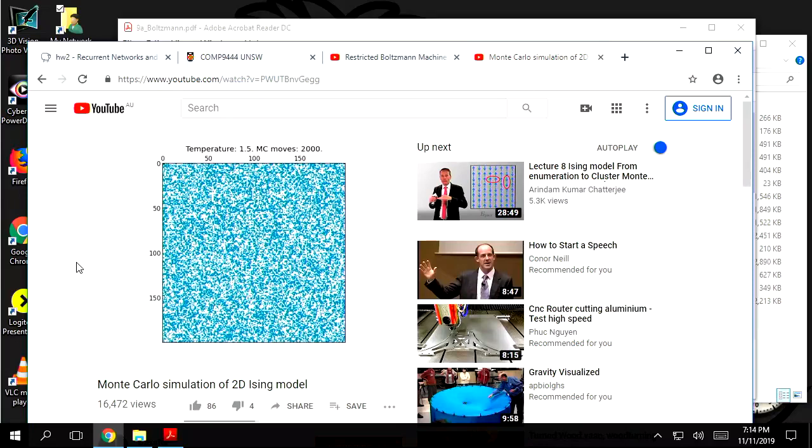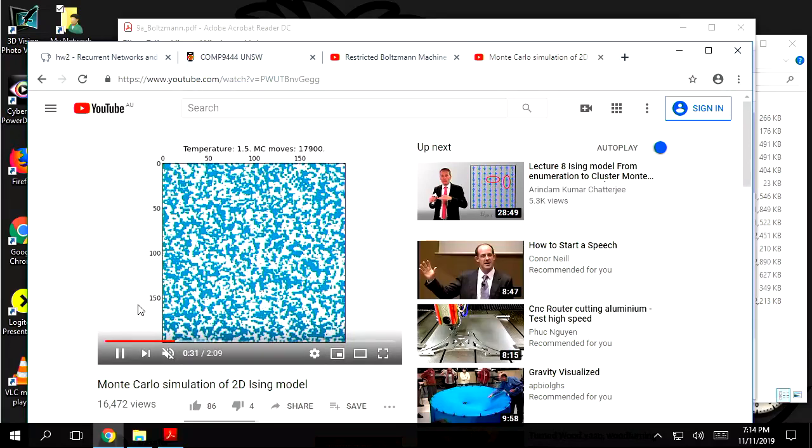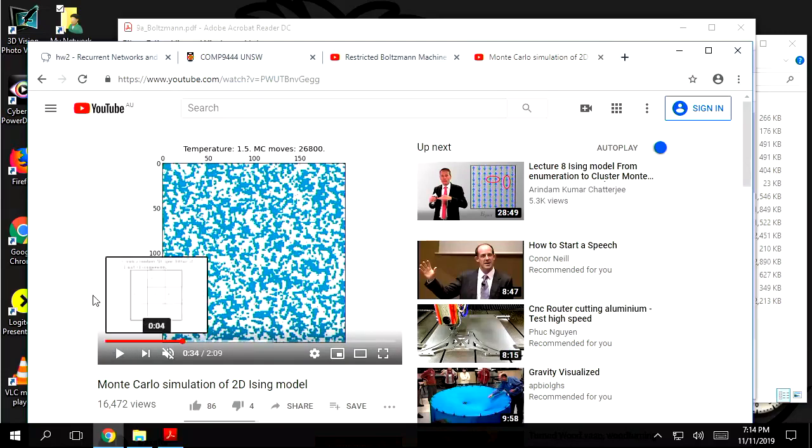You started with a random state, and these guys are flipping. The blue ones are like spin up, and the white ones are spin down. The lowest energy state is either everything all up or everything all down, but it takes a long time to eventually get into that state.